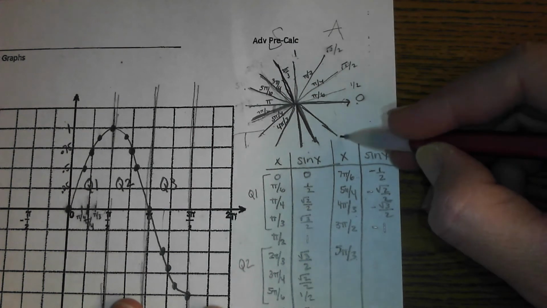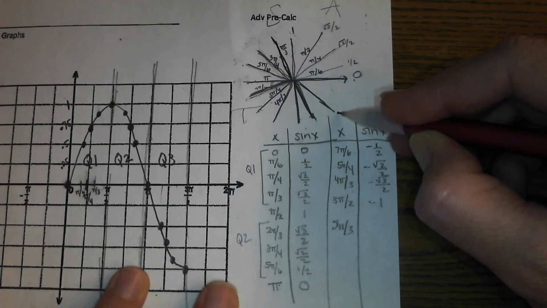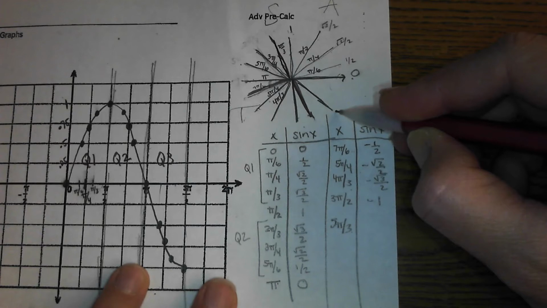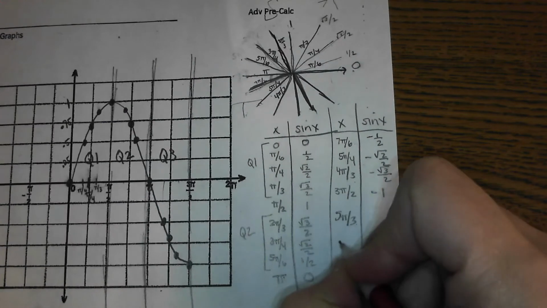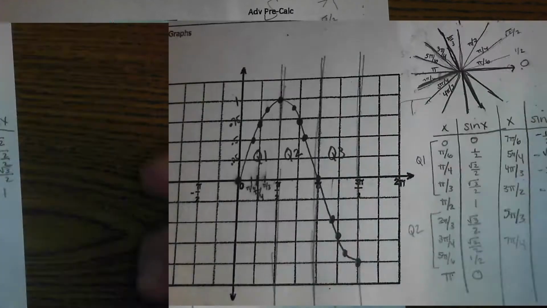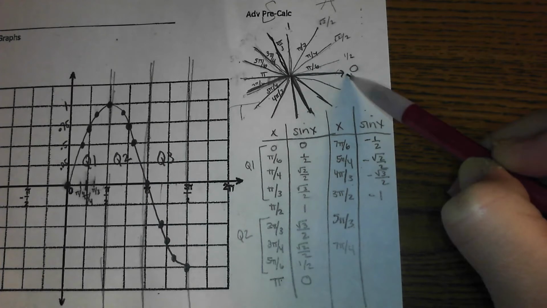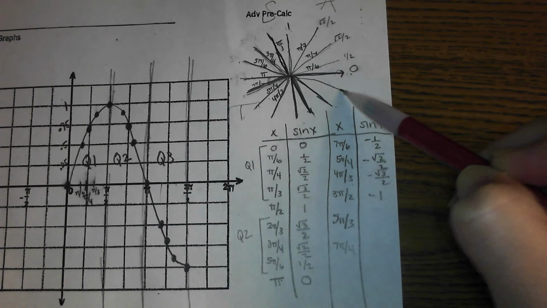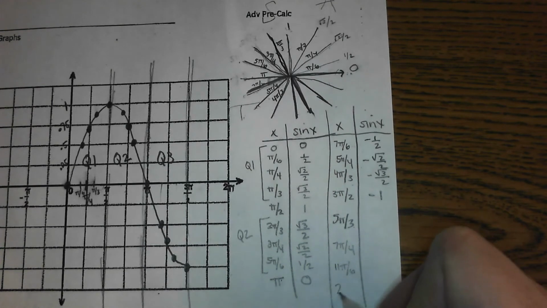So one tick before that is what, Nate? Yep, 7 pi over 4. And then here's your pi over 6. This is 12 pi over 6, so one tick before that is 11 pi over 6. And then, of course, we're back to a full 2 pi.